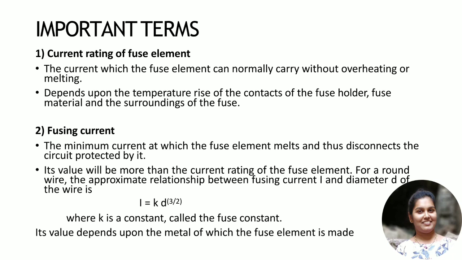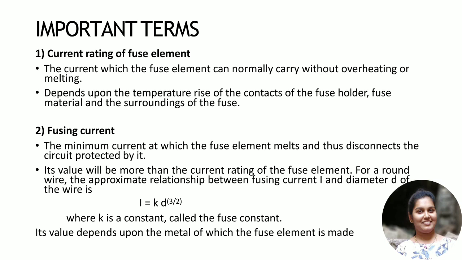That is the bearable current that a fuse can handle. It is nothing but the current rating of the fuse element, depending upon the temperature rise of the contents of the fuse holder, fuse material and surroundings of the fuse.